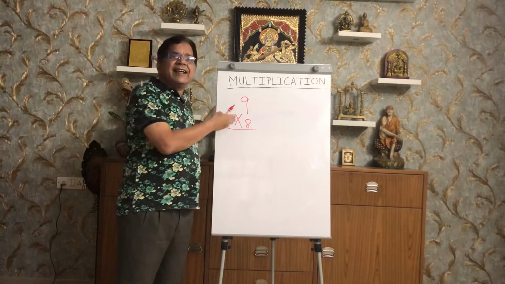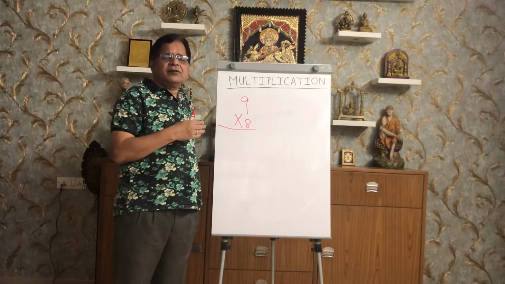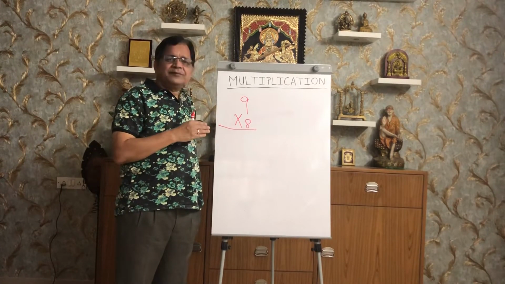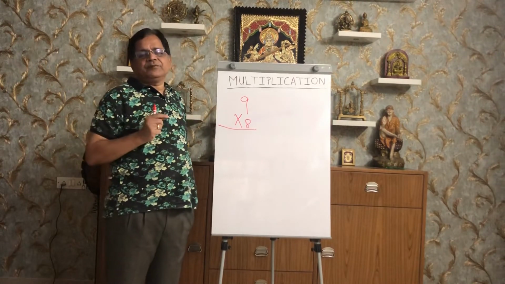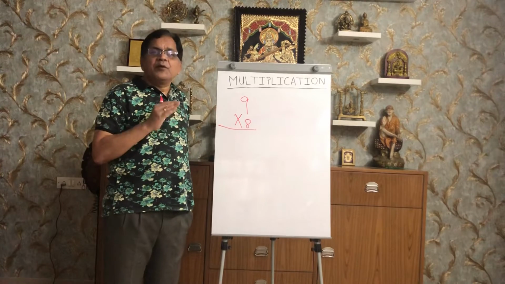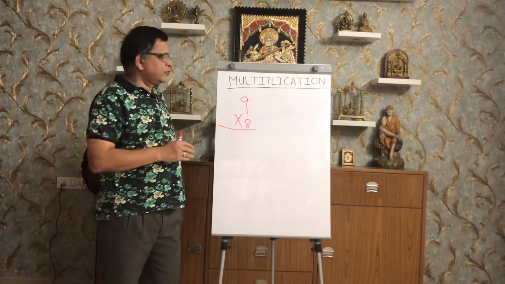Now if you look at 9 and 8, you should know that both these numbers are close to 10. So I am going to use 10 as the base for these two numbers.